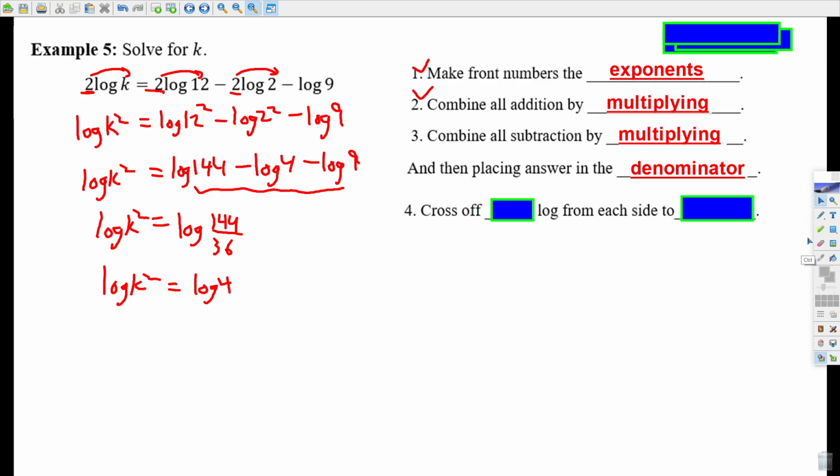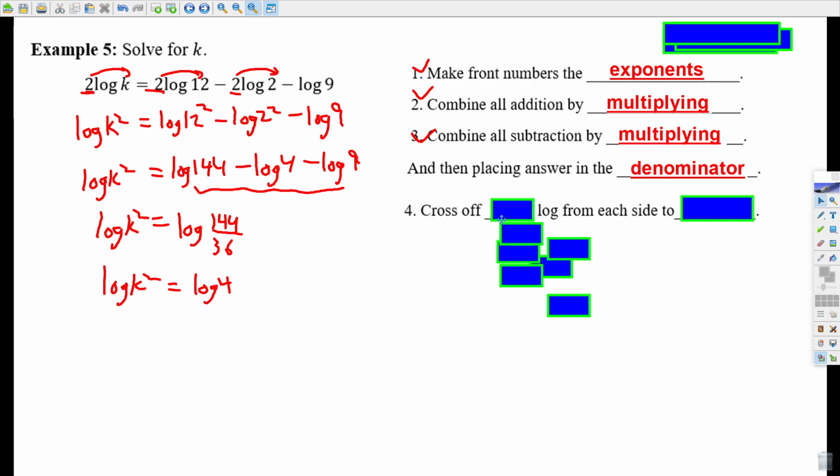And now we're on our last step. So we did this. Cross off 1 log. Well, that's supposed to say 1 log.